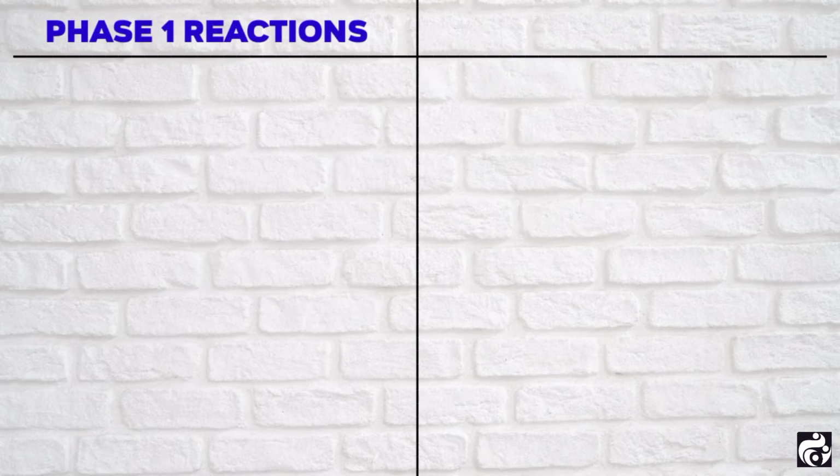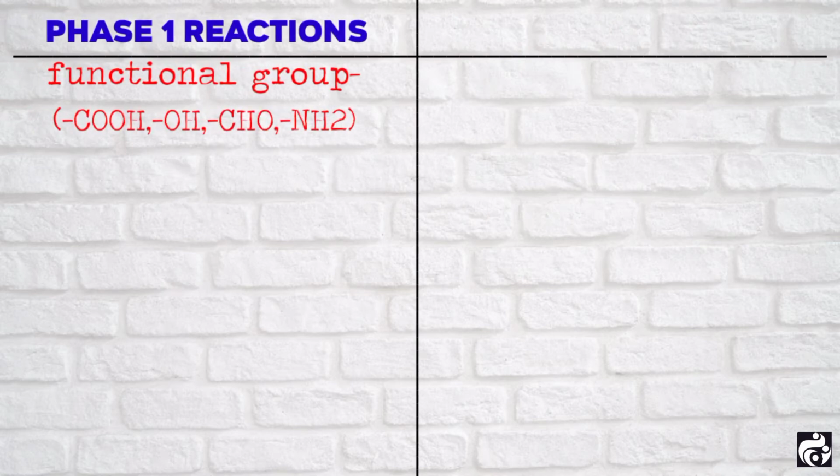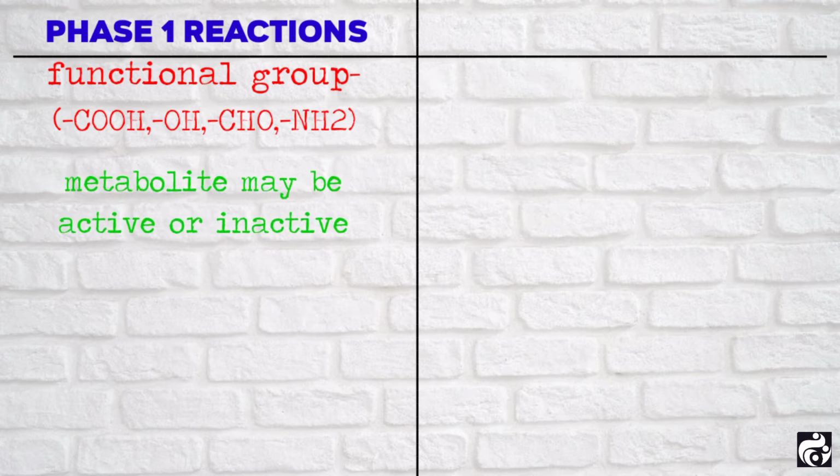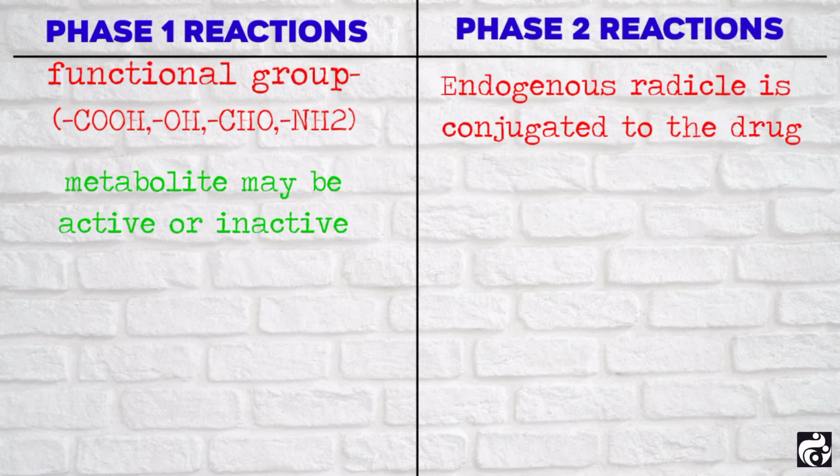In non-synthetic or phase 1 reactions, a functional group like carboxylic, alcoholic, aldehyde or amino etc. is generated or exposed. The metabolite may be active or inactive. In synthetic or phase 2 reactions, an endogenous radical is conjugated to the drug.